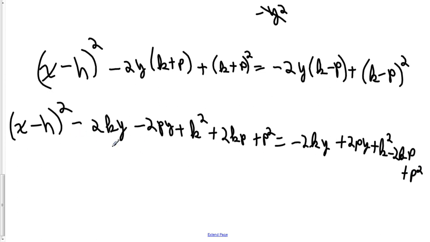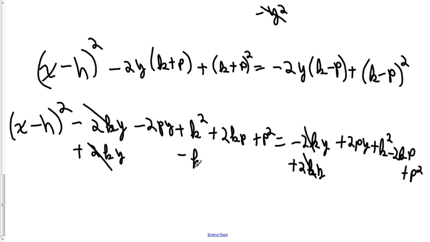All right, let's see what happens here. I have a negative 2ky and a negative 2ky. If I add 2ky to both sides, they'll just cancel each other out. So that term doesn't have to be worried about. I have a k squared on this side and a k squared on this side.